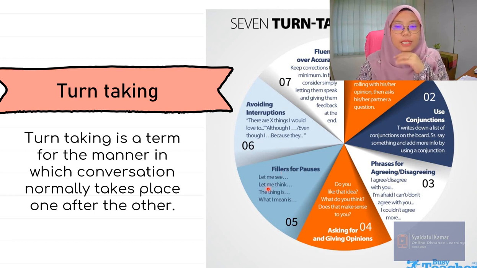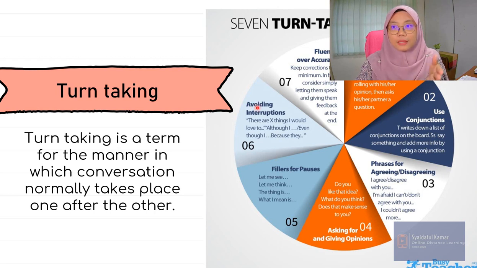Let me see, let me think. The thing is, what I mean is. Okay, so sometimes we pause to think, right? So instead of just going silent, you can use this.